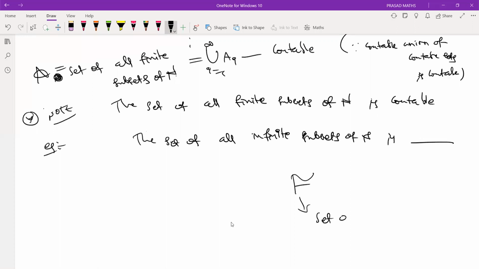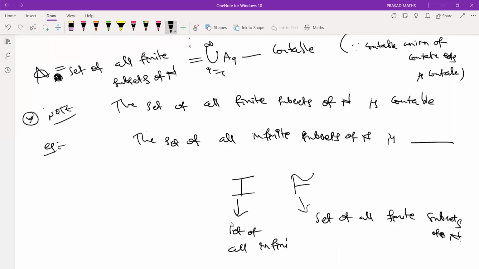A set of all finite subsets of natural numbers. You take infinite subsets of natural numbers, I can denote this as I. What is this? A set of all infinite subsets of natural numbers n. If you take the union, what you get?